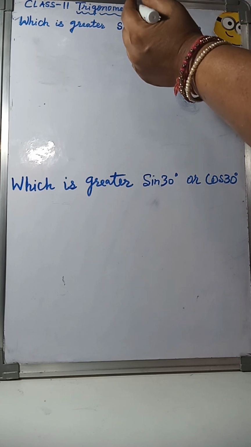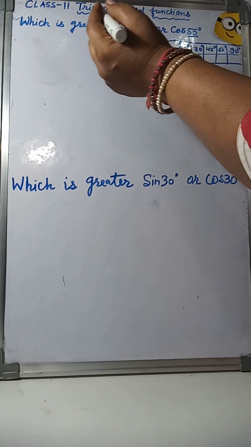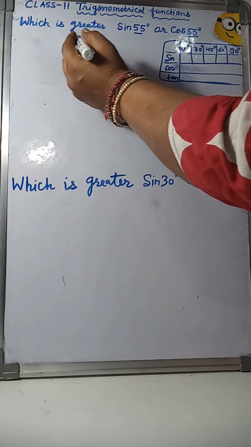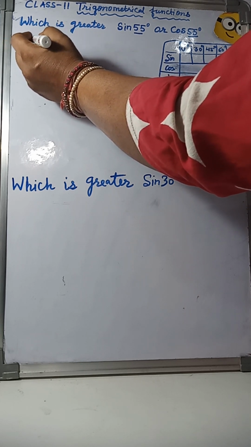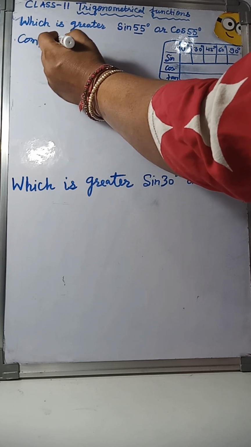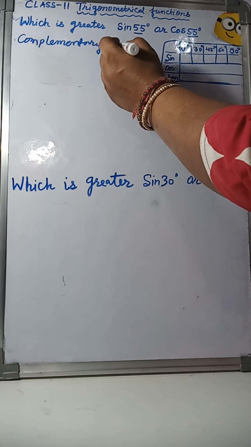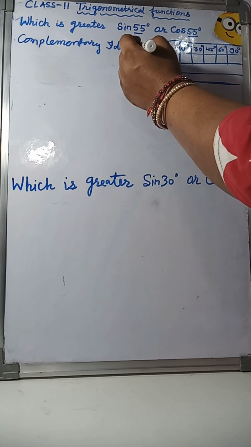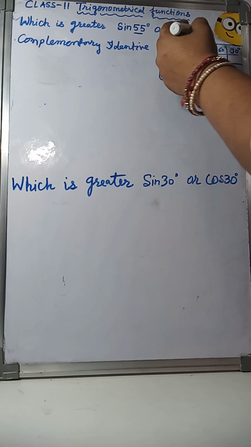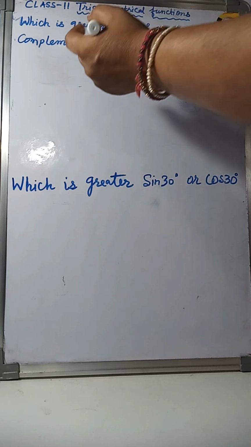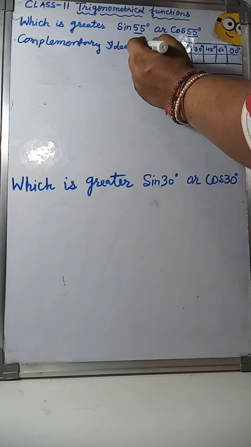To determine which is greater, we can use complementary identity. To compare these two ratios, we use complementary identities.